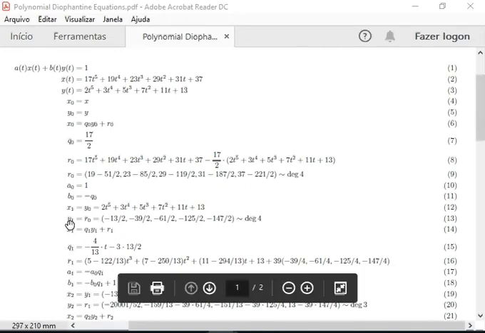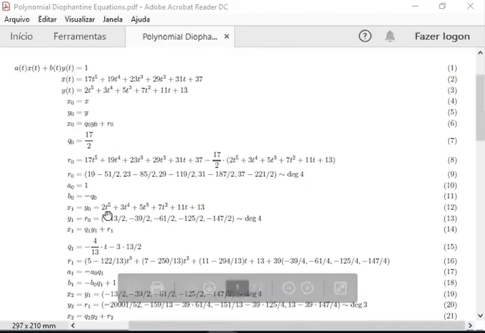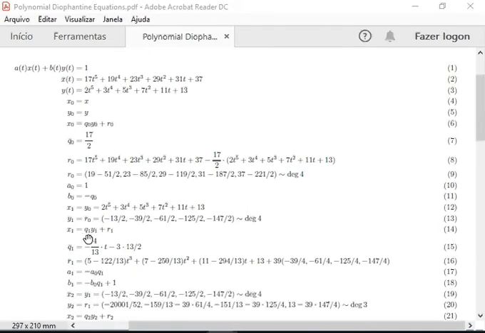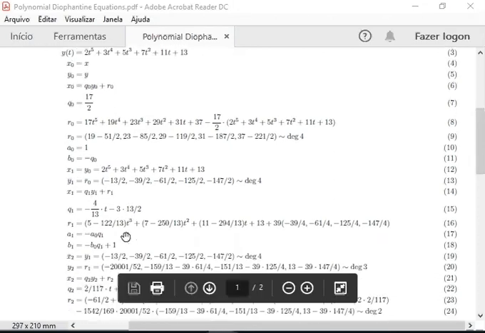Divide x1 by y1, where x1 is y0 and y1 is r0, a polynomial of degree 4. Here I did the calculations. Minus 13 over 2. Let x1 be the product of the quotient by y1 plus the remainder.